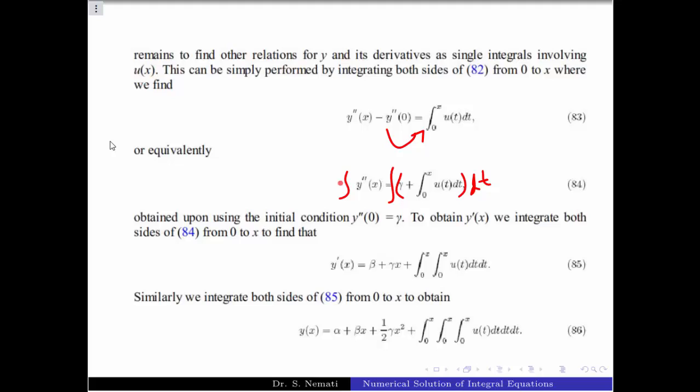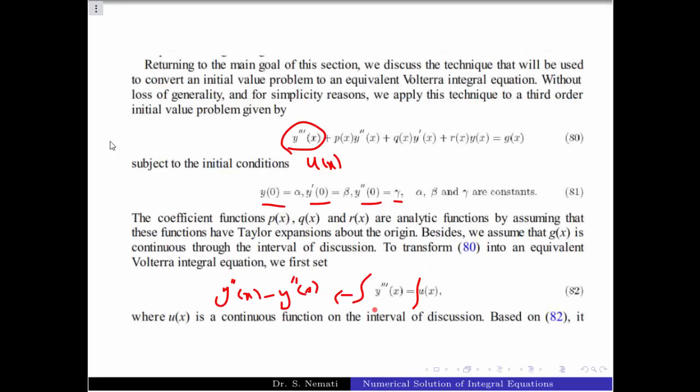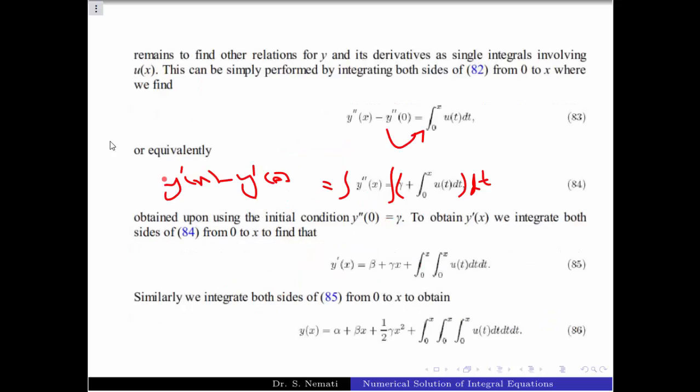So in the left side, we have y prime of x minus y prime of 0, and y prime of 0 is given by the initial conditions, equal to beta.